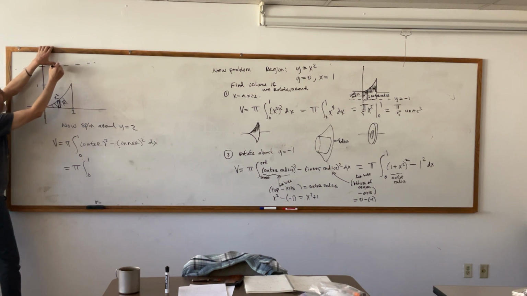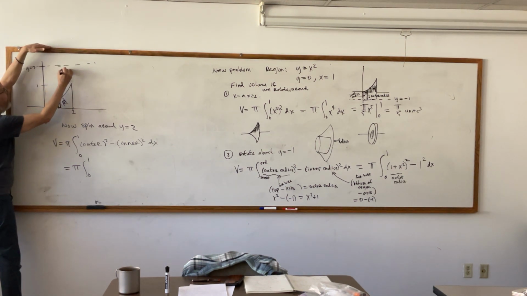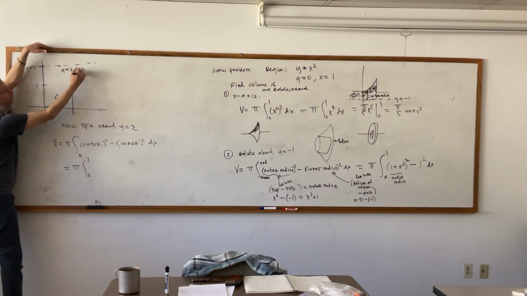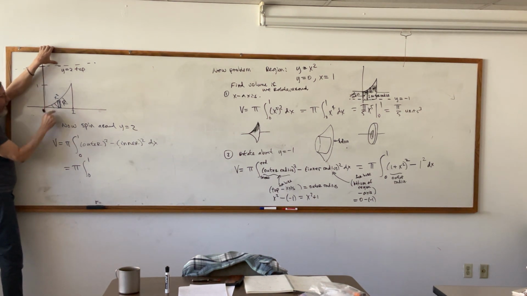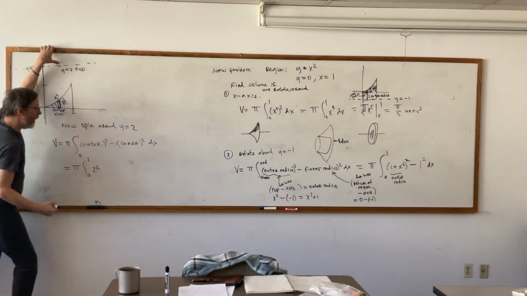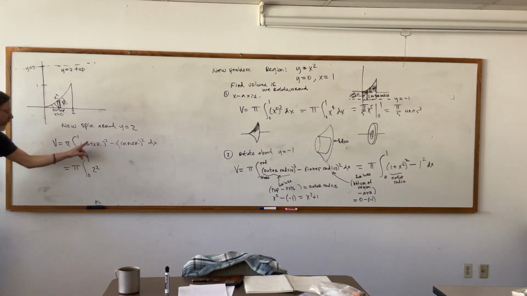Always do top minus bottom. So look, what is the top curve? Top curve is y equals 2. That's the top now. The bottom is, let's see, what am I doing here? This is the outer edge now. Do you see that? This will be the outer part. So it's going to be 2 minus 0. So the outer curve is always 2 squared. Or the outer curve is 2.